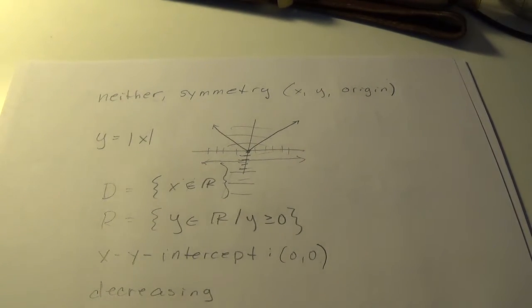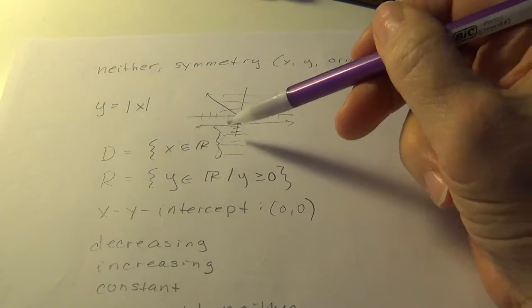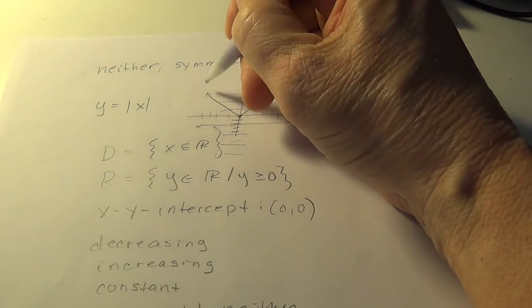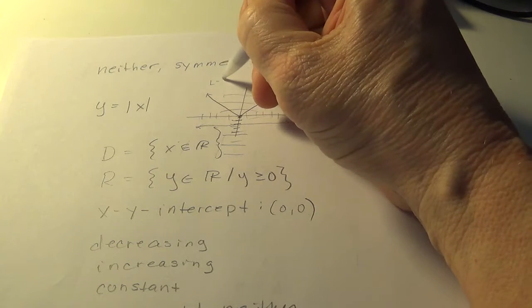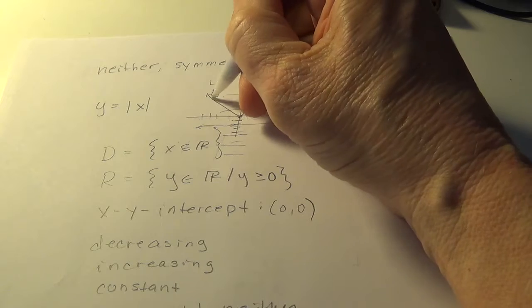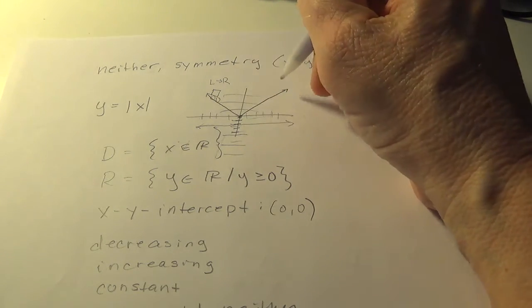Decreasing, increasing, or constant? In this graph, constant means a portion of the graph is horizontal, so there's none like that. We're going to do this from left to right, like you're reading a book. We'll put our little cart or our skier on the left and have it travel to the right.